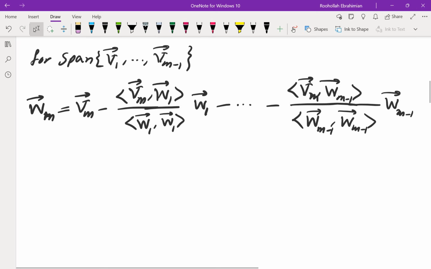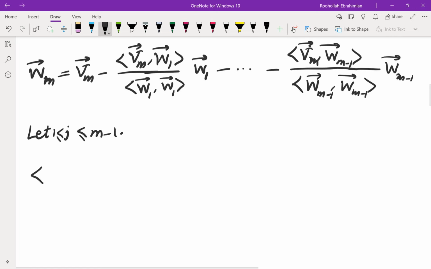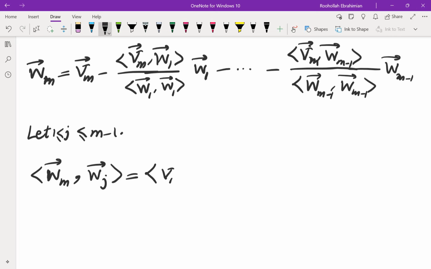We're going to take wm and compute the inner product of it with one of the wj's, so let j be between 1 and m minus 1. So we take the inner product of wm with wj. Using linearity, this is the inner product of vm and wj minus a sum of terms.